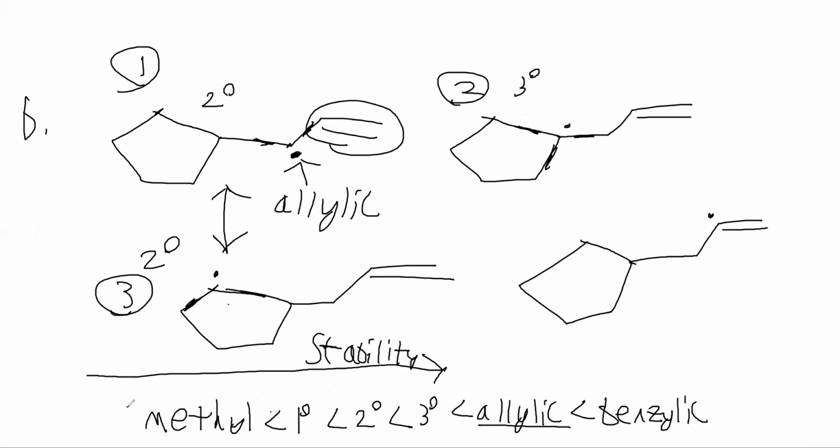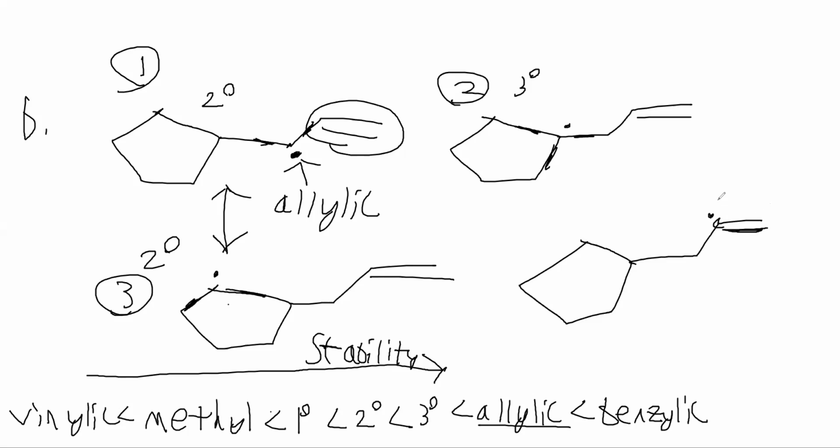I'm not positive, but this is, I'm pretty sure, called vinylic when it's on the double bond, because this carbon with the radical is also in the double bond, and it isn't happy to be there.